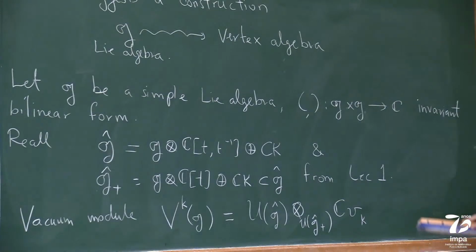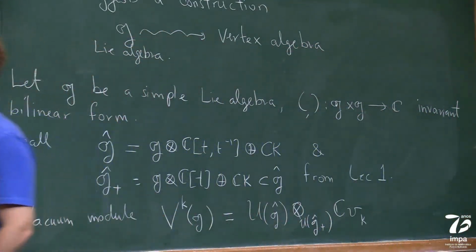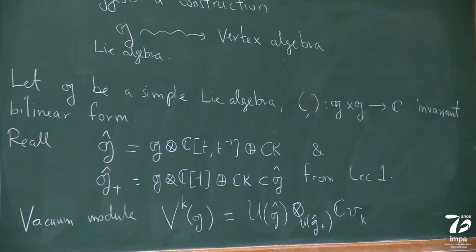So we, as usual, take a one-dimensional representation for G hat plus, which is, as I'll now explain, and then induce to the whole Lie algebra.